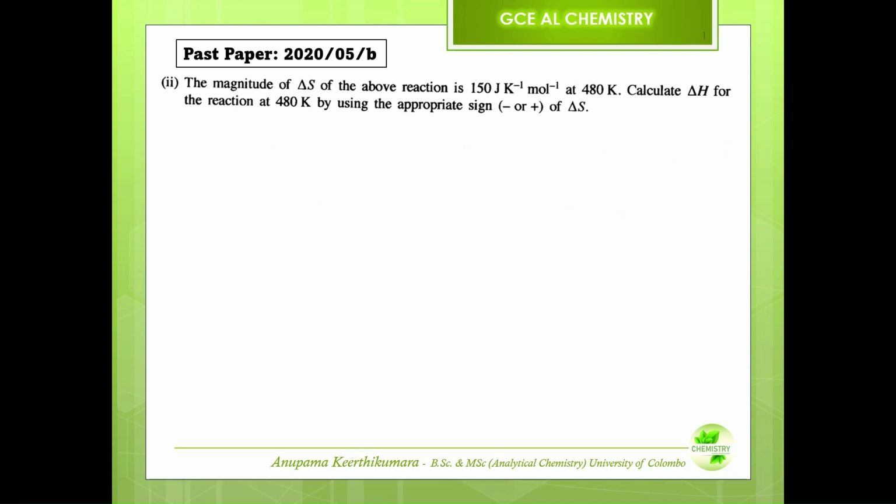Question number 2. The magnitude of delta S of the above reaction is 150 joules per Kelvin per mole at 480 Kelvin. Calculate delta H for the reaction at 480 Kelvin by using the appropriate sign of delta S. First, we have to find the sign of entropy change.